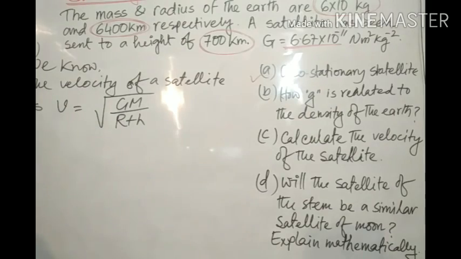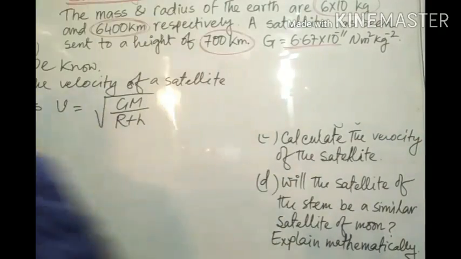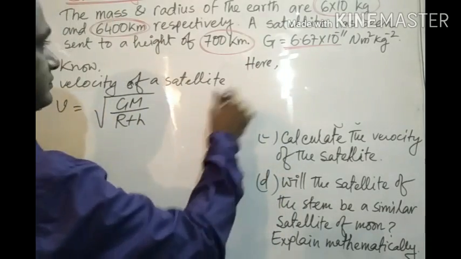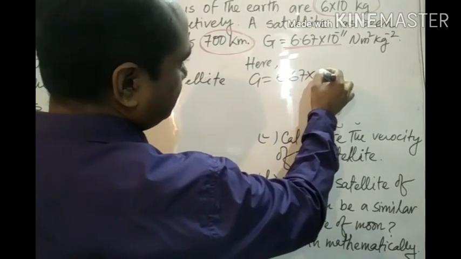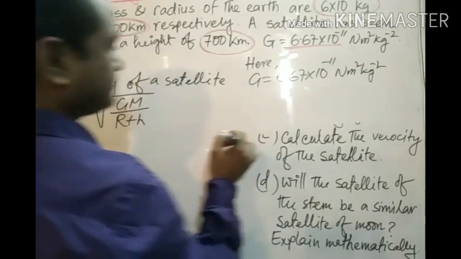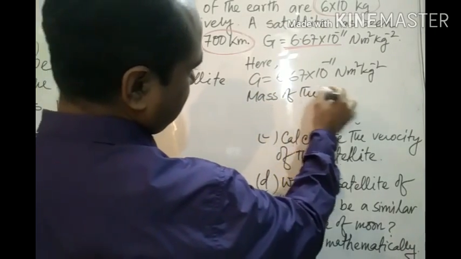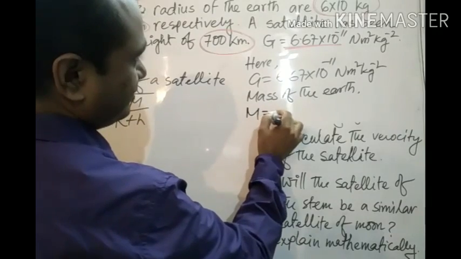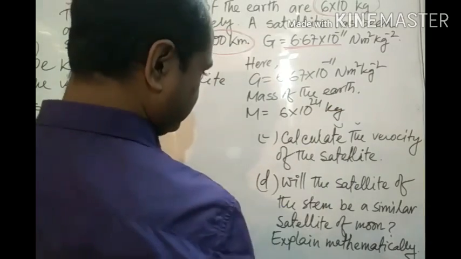So here, the gravitational constant G is equal to 6.673 × 10^-11 N m² kg^-2. Then the mass of the Earth, M, is equal to 6 × 10^24 kg.